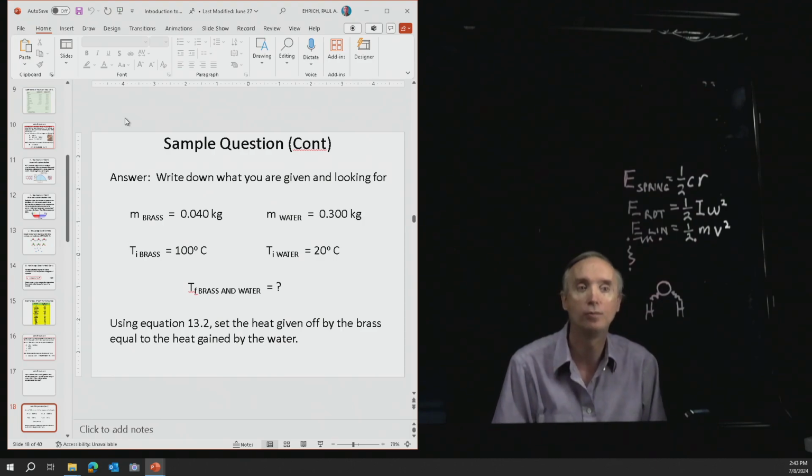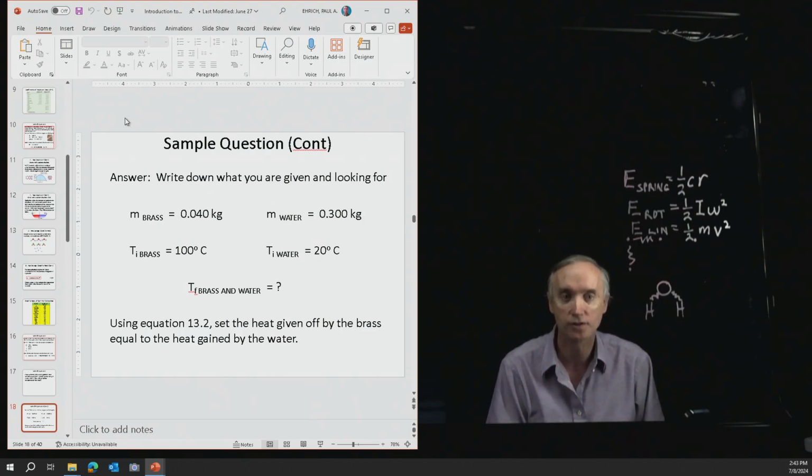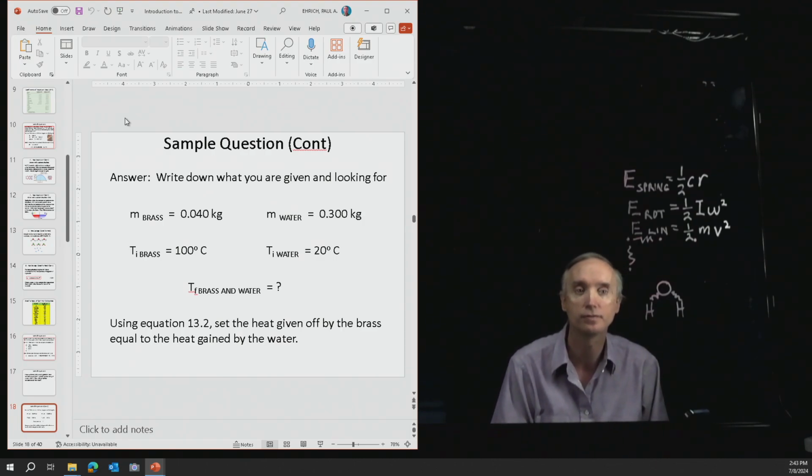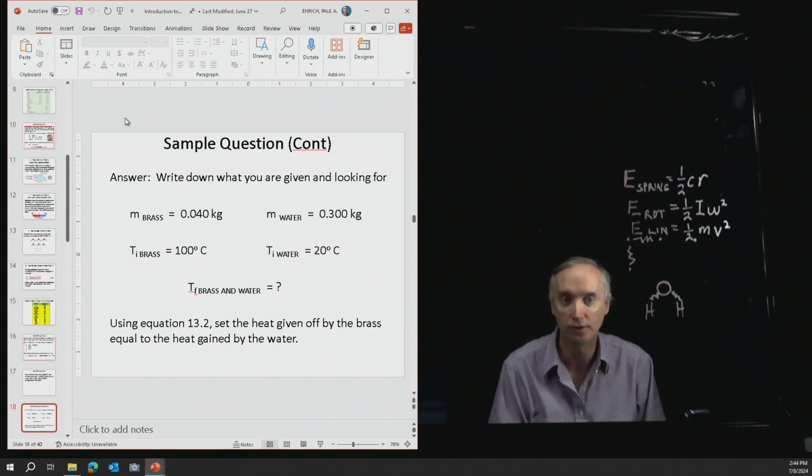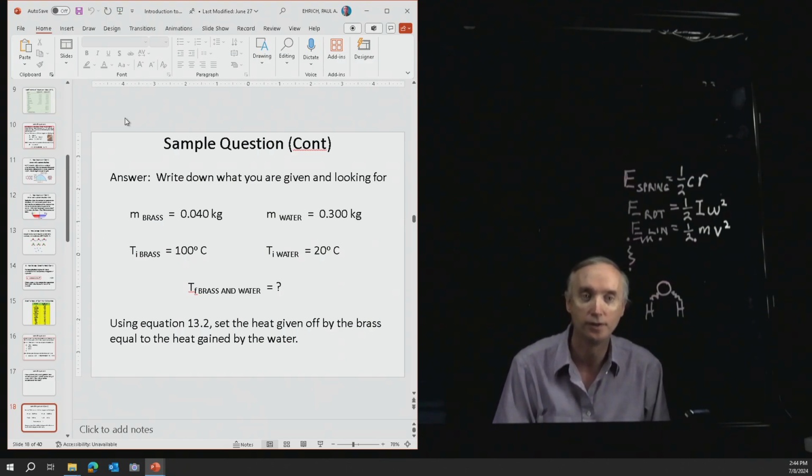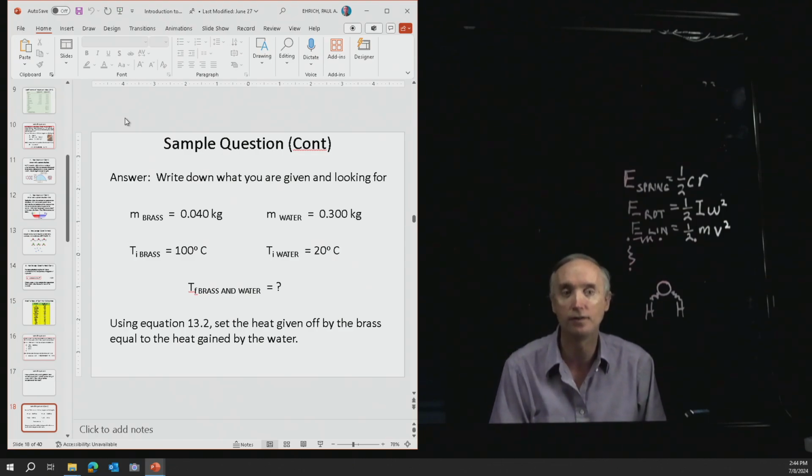So what we want to know is what the final temperature of that water is going to be. We're going to write down what we're given and what we're looking for. So we know the mass of the brass, and we're going to write that in kilograms, the mass of the water in kilograms, the initial temperature of the brass, the initial temperature of the water, and then the goal is to find the final temperature of both the brass and the water.